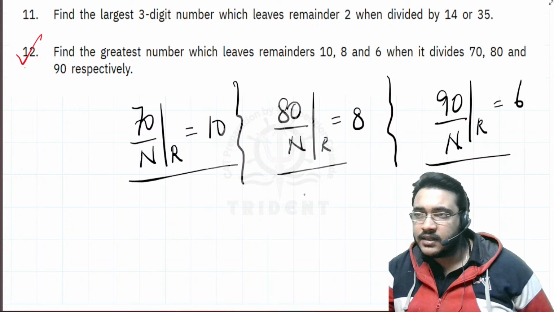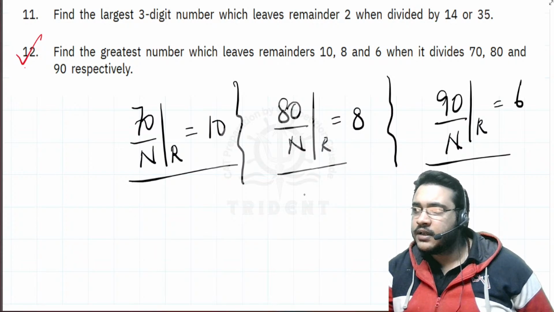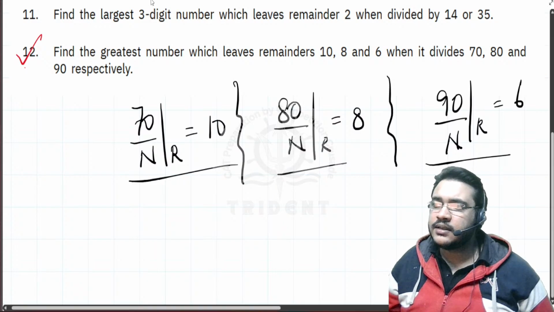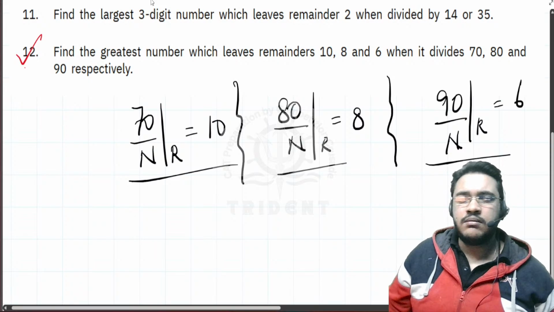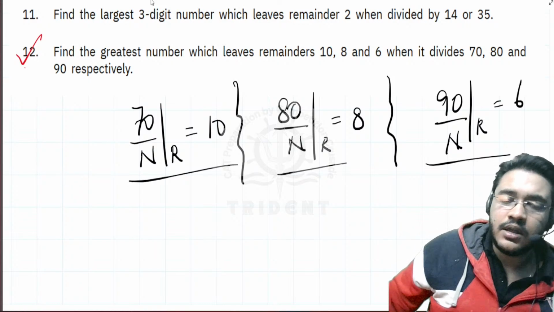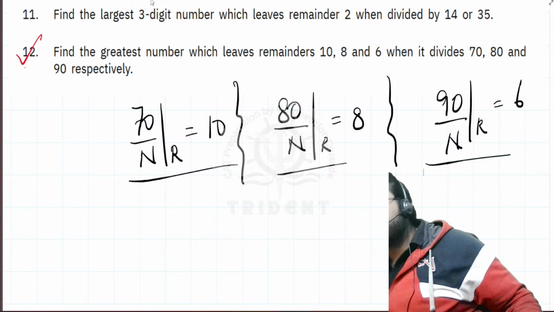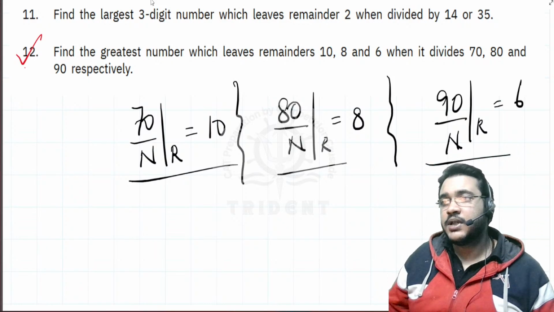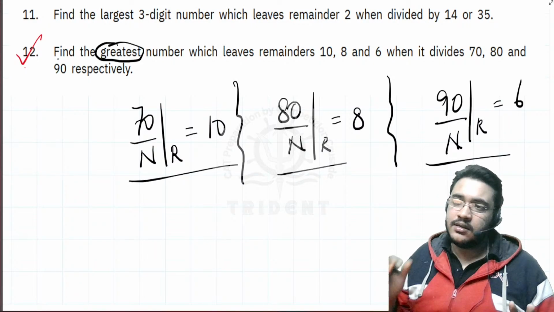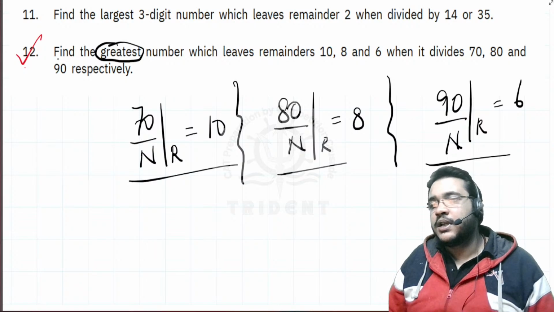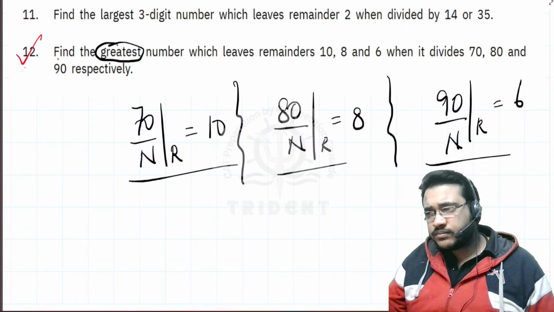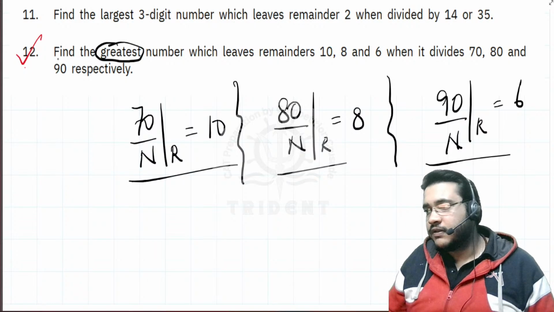70, 80 and 90 get divided by this number and should leave remainders of 10, 8 and 6. Now if anybody breaks down the idea like this, it's a matter of a couple of seconds to get to the answer. Because if you can see the question like this, you realize exactly what we are doing. We are not going to predict the type of question by the name greatest or least. Somebody has this problem that the moment I see greatest, invariably it has to be an application question from GCD, the greatest common divisor, basically the HCF, highest common factor.